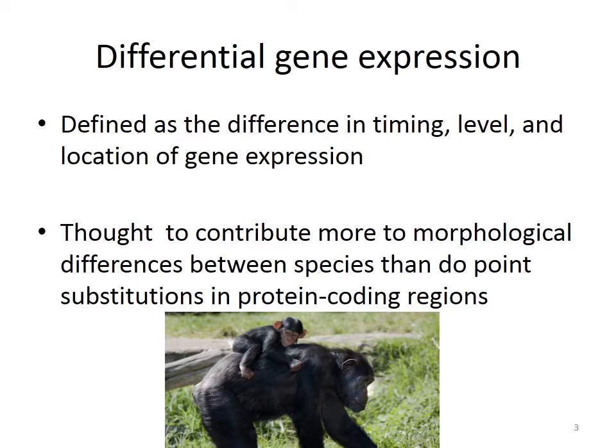Neoteny is the retention of childlike characteristics in mature members of a species. Humans much more closely resemble chimp or gorilla infants than adults. So maybe we retain those neotenous characteristics throughout our life, but chimps have differential gene expression where they have more adult feature characteristics later in life.